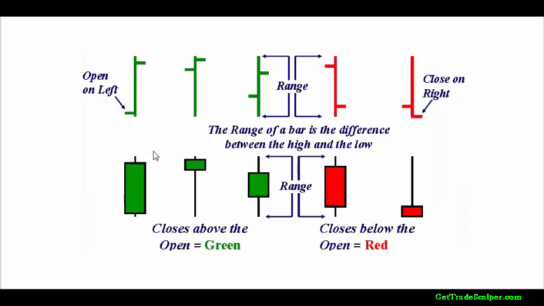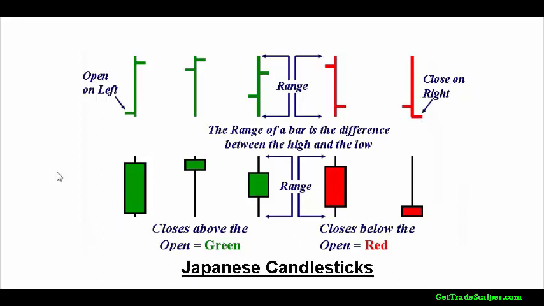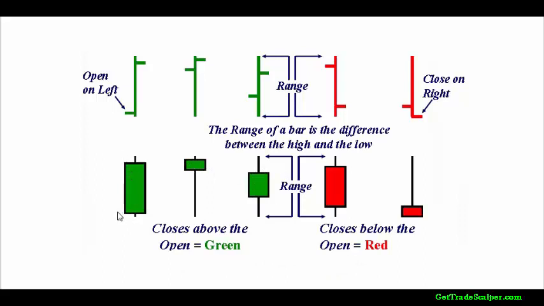Now, with the Japanese candlestick charts, what they decided to do was just to paint that entire bar. The price action of that bar is painted all the way across. And in the Japanese candlestick, you had the open here, the high here, the low here, and the close here. Once again, open here, high here, low here, and close here at the top.